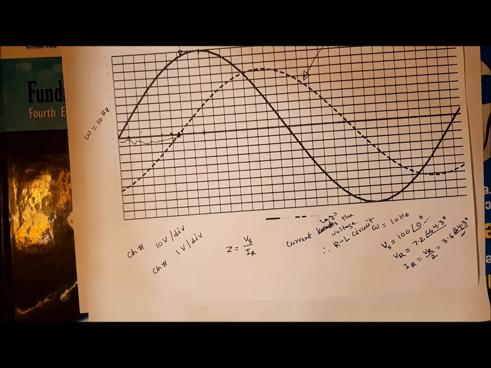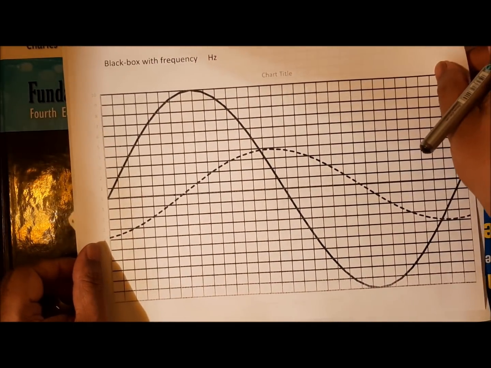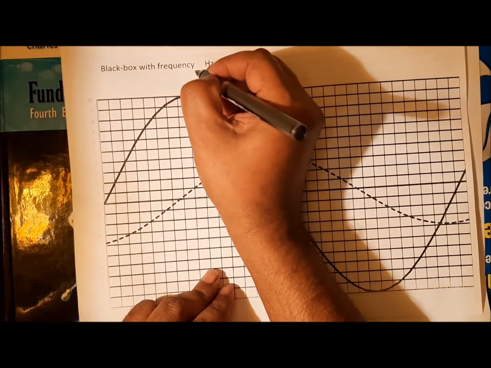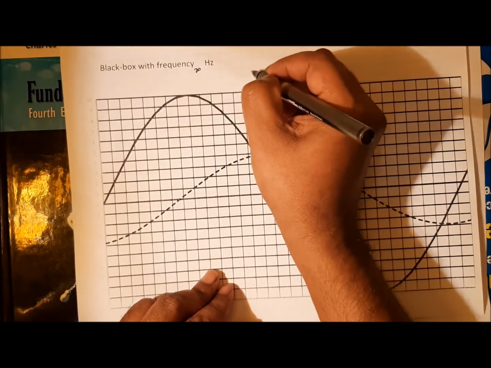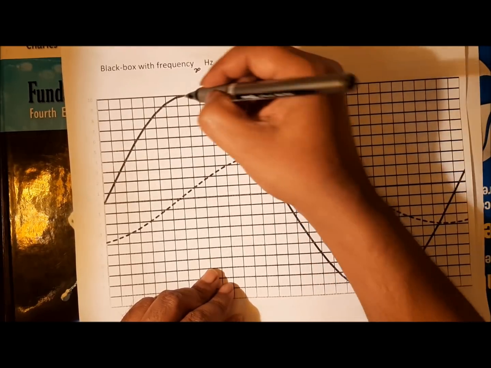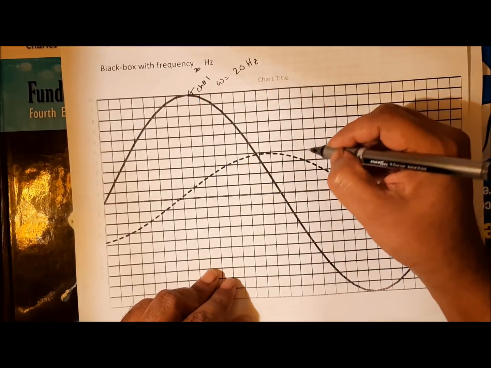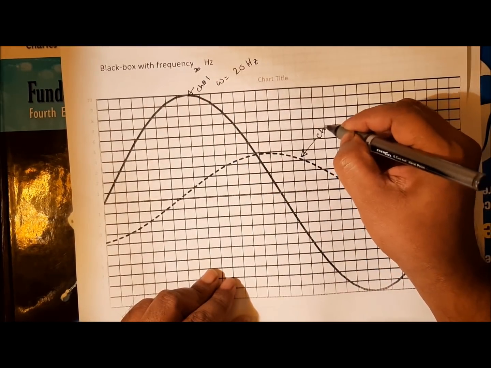Now if I change this frequency, let's say I change the frequency to 20 hertz. This is for 20 hertz, omega equal to 20 hertz. This is my channel 1 graph, and this is my channel 2 graph.